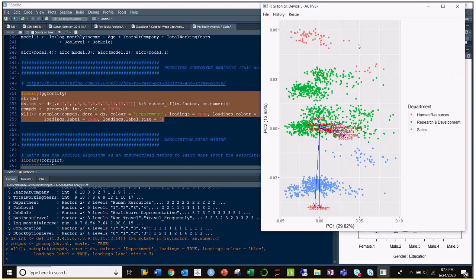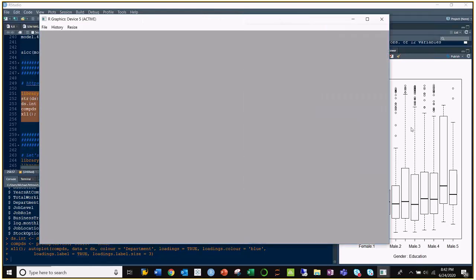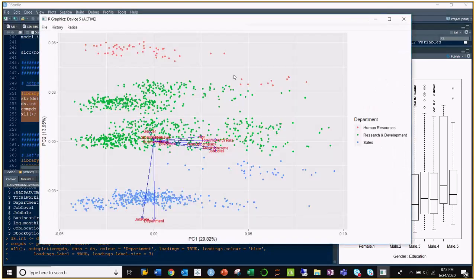So what I'm going to do is pull up the biplot of our PCA on our data, and I'm going to go over about 3 different findings that I found insightful. One is that these clusters here, which kind of run horizontal, those are mostly influenced by department. All right, and they're going to influence principal component number 2.